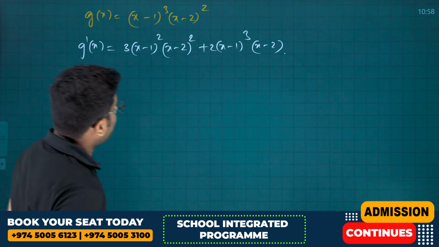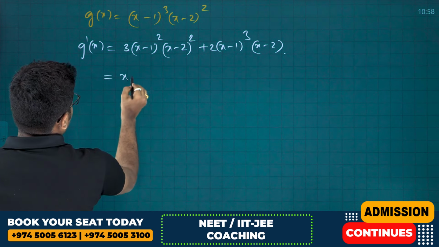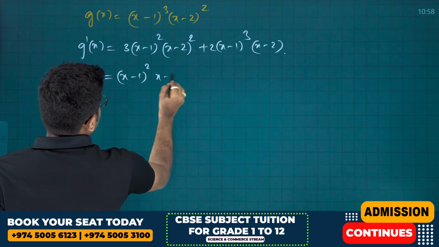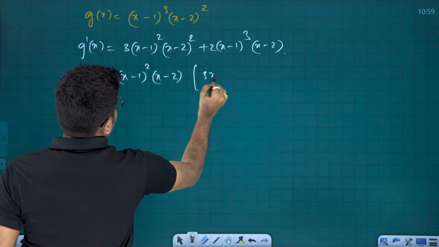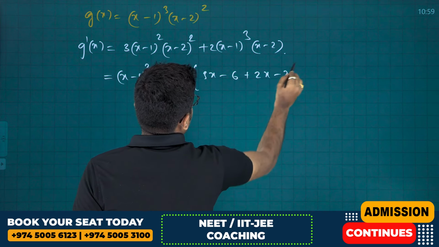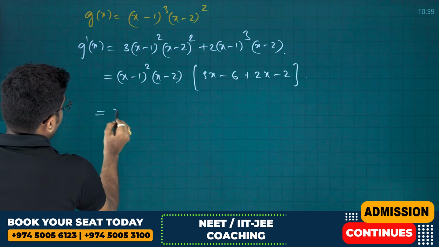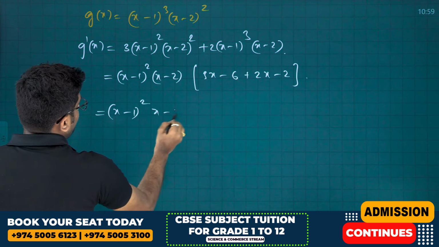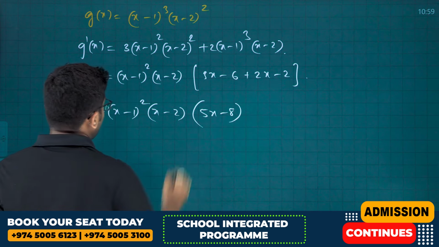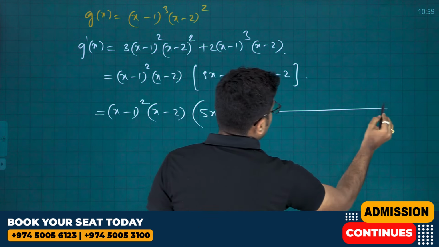Friends, we can take x minus 1 whole square out, x minus 2 also out. So 3x minus 6 plus 2x minus 2: x minus 1 whole square into x minus 2 into 5x minus 8. So we can take a wavy curve.